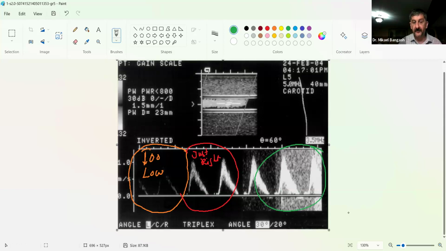They become too bright. Not just too bright, but what do you see? Guys, this was your spectral window, right? That was filled up by noise, but you see noise even here, right? So what is this going to be? Yes, it's too high. What was too high? Your spectral Doppler gain was too high.